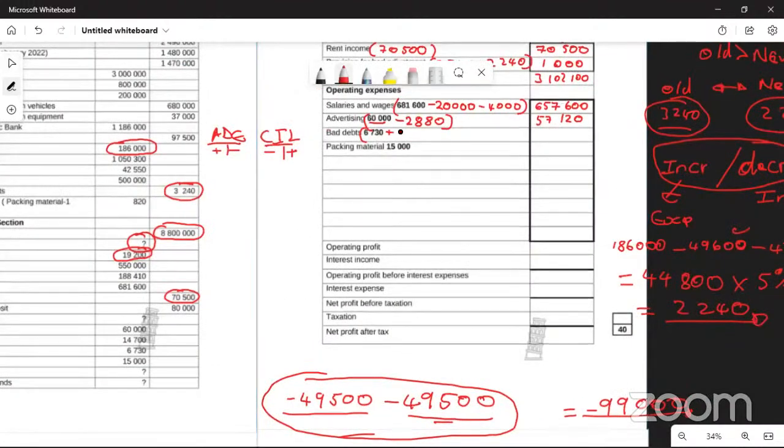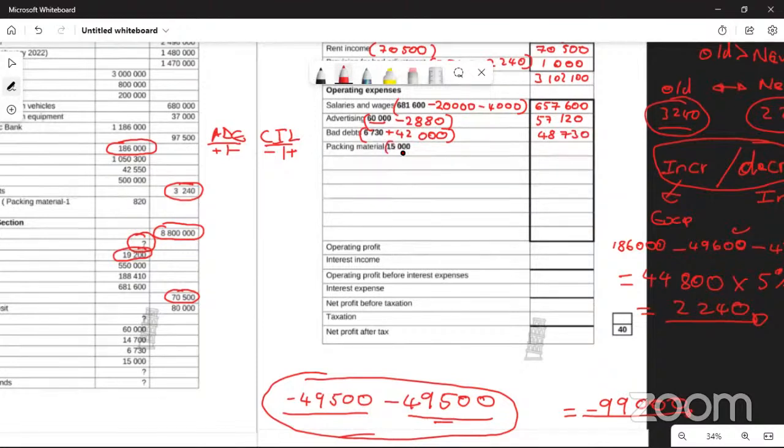So we have to add the 42,000, which is going to give us how much? 48,750.